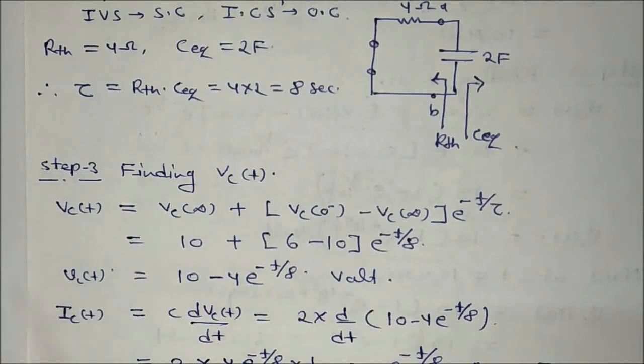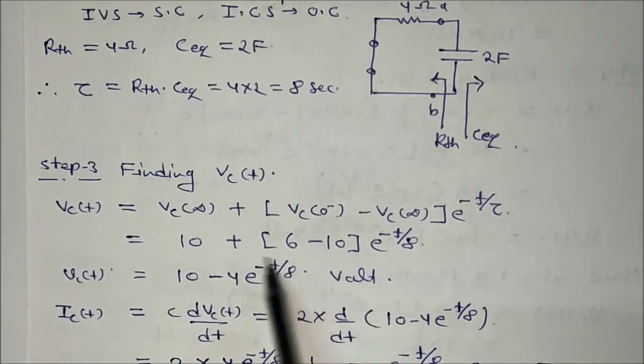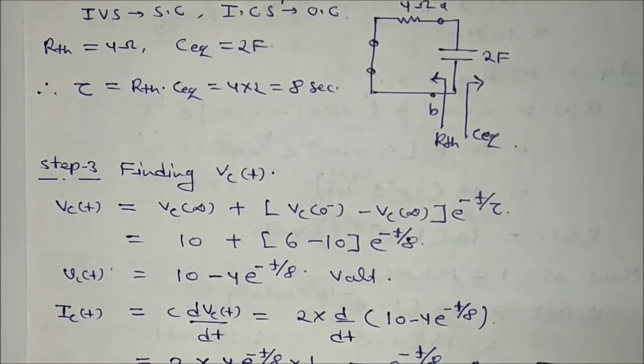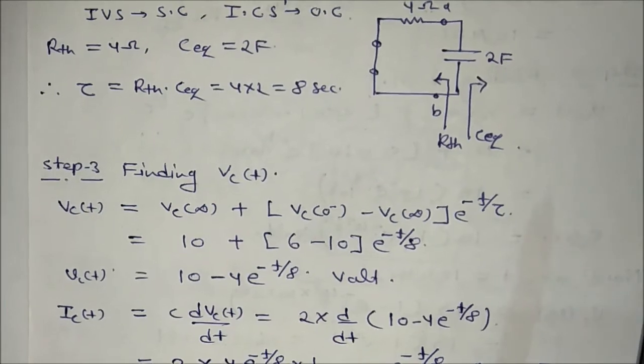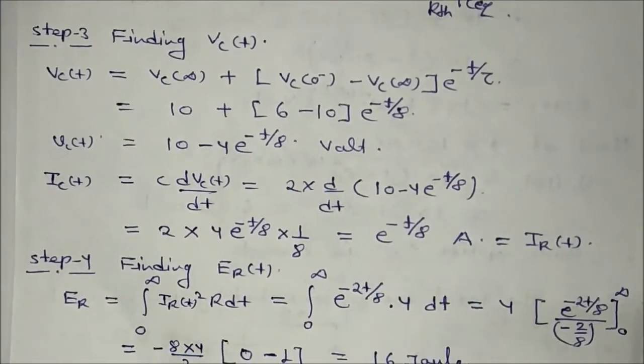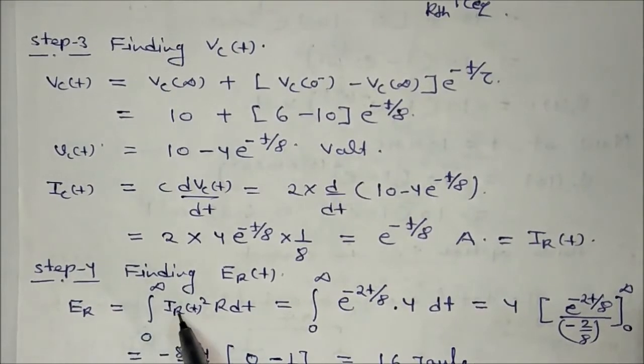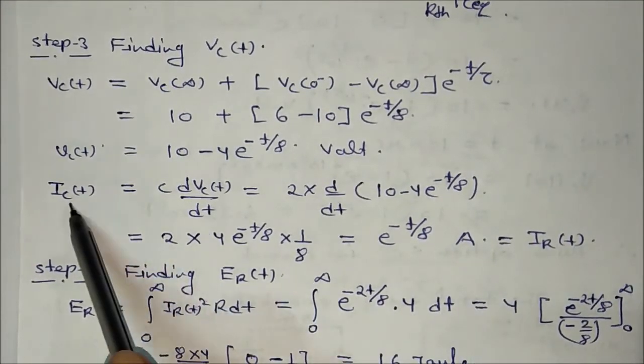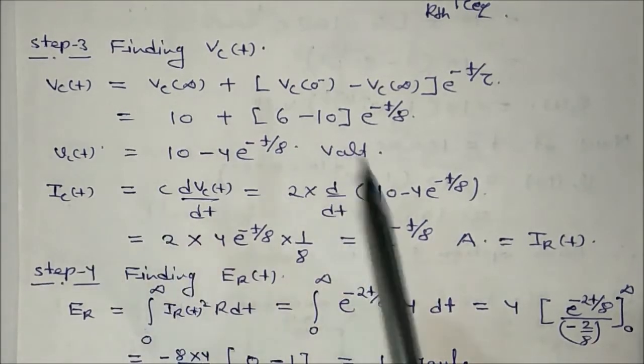Okay, now the value of ICt is equal to C dVCt by dt. Differentiate this, you will get what? This is ICt, and this is the same current flowing in the resistor. Okay, so energy dissipated in the resistor will be what? From 0 to infinite, IRt square into R, and we know that this current and this current are the same because it's an RC series circuit.